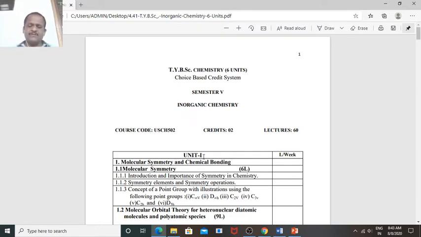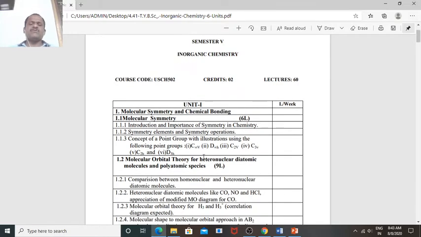Now the second topic is molecular orbital theory for heteronuclear diatomic molecules and polyatomic species. My dear students, we already learned MOT diagrams last year, but only for some diatomic molecules like H2, B2, C2, N2.